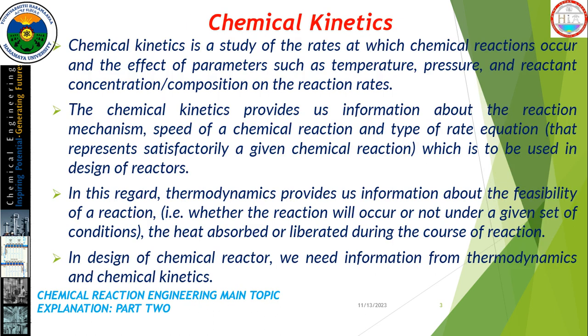So let us see the definition of chemical kinetics. Mostly chemical kinetics studies the rate at which chemical reactions occur. For example, A to B. This means kinetics studies the rate at which A is converted into B, that is, the chemical reactions that occur while converting raw materials into products.